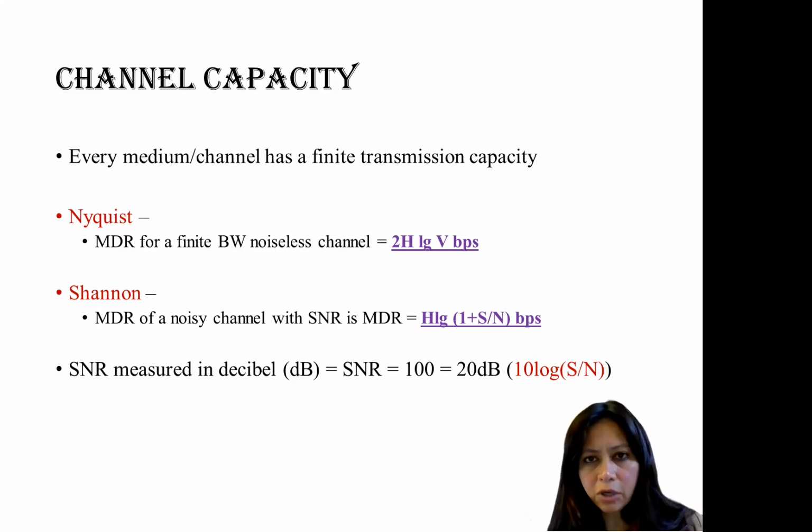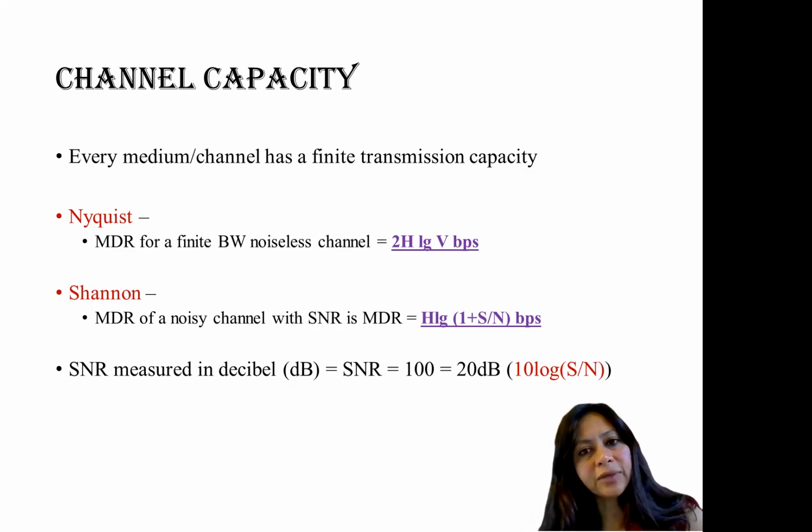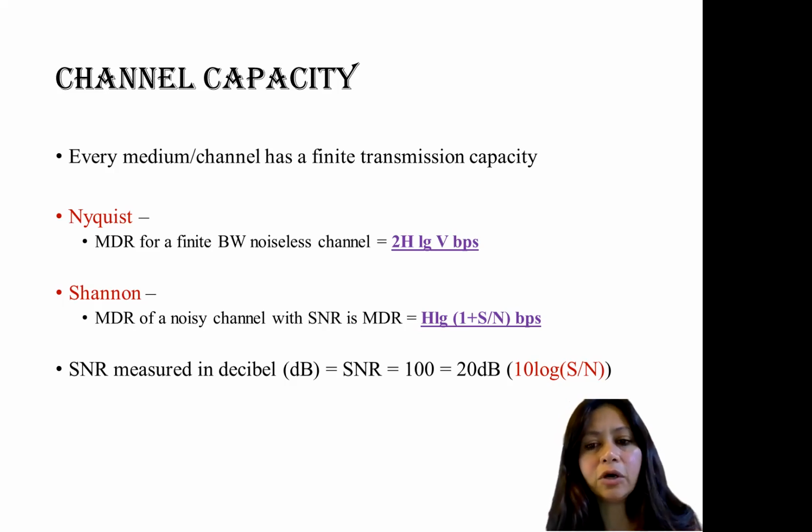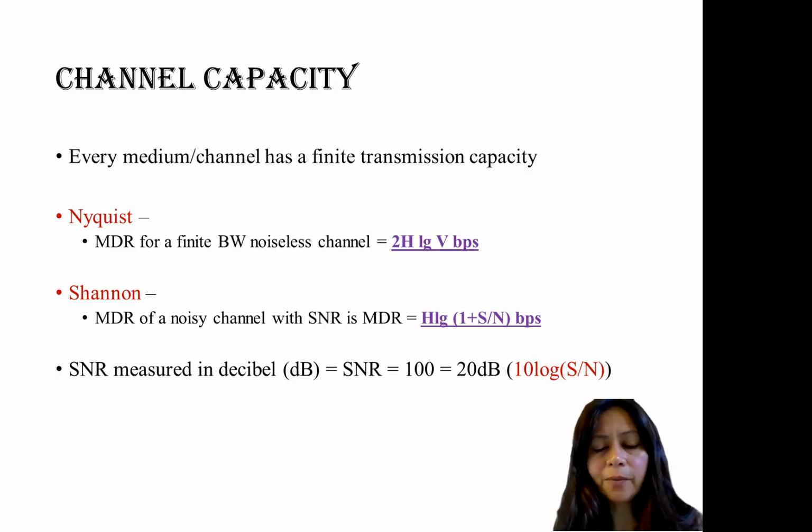LG stands for log to the base 2, represented as LG instead of LOG, because LOG stands for log to the base 10. And V stands for the level of the signal.